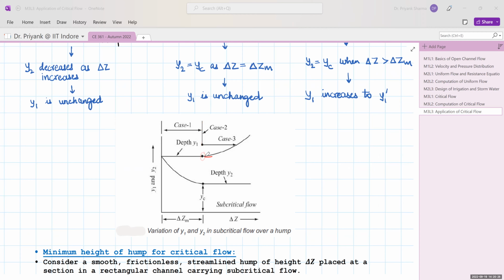In the third case it undergoes an increase. Now in the case of depth Y2, in the first case it will decrease and reach Yc. In the second case it is constant at Yc, and in the third case again it is constant at Yc. So this is a very important diagram summarizing all the three cases.